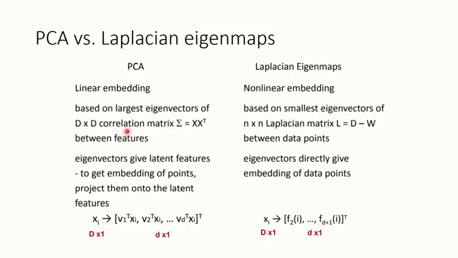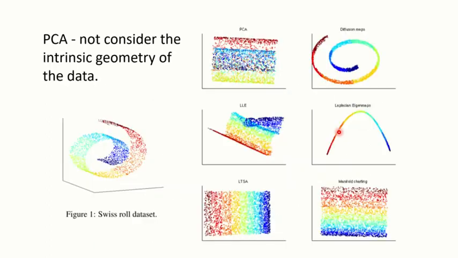In PCA, we found the largest eigenvectors, and we use the covariance matrix. And here, we use the Laplacian matrix and use a generalized eigenvector problem. So there are some parallel similarities between them, but the Laplacian matrix contains the information of those nonlinear relationships.